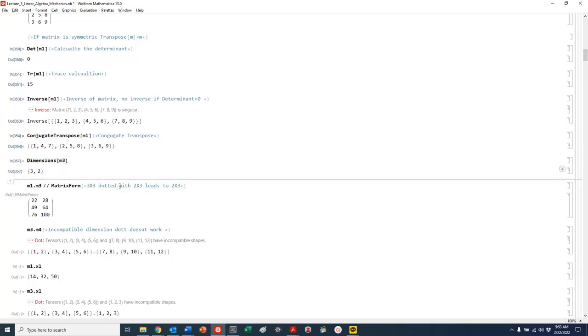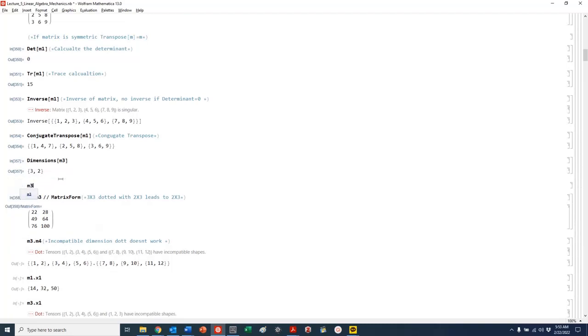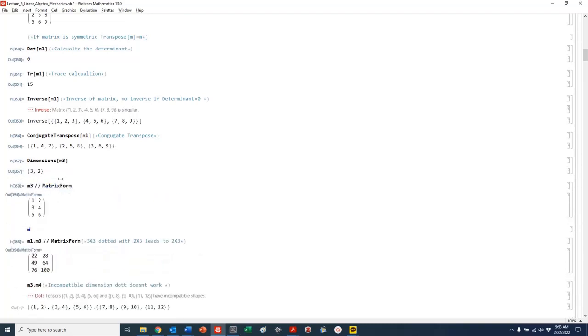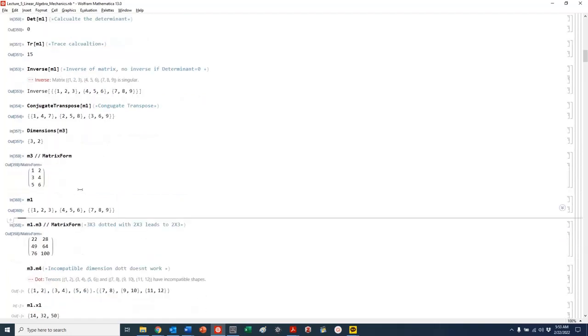If I dot a 3 by 3 by a 2 by 3, it's going to lead to a 2 by 3. So I can still dot and perform those operations, since those are compatible shapes, and that will give me a 2 by 3.